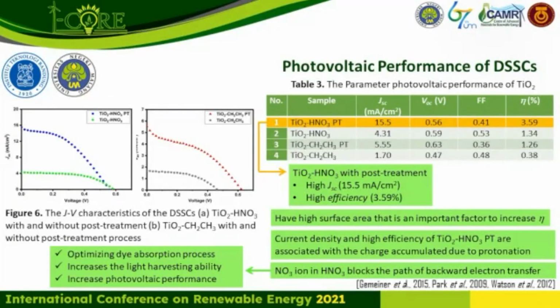The best photovoltaic performance is because NO3 ions in nitric acid block the path of backward electron transfer. This is the reason that TiO2 based on nitric acid optimizes the dye absorption process, increasing the light harvesting ability and increasing photovoltaic performance.